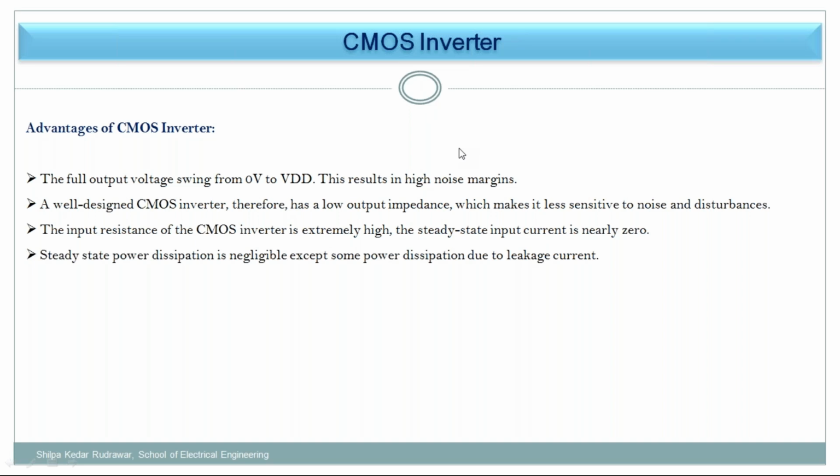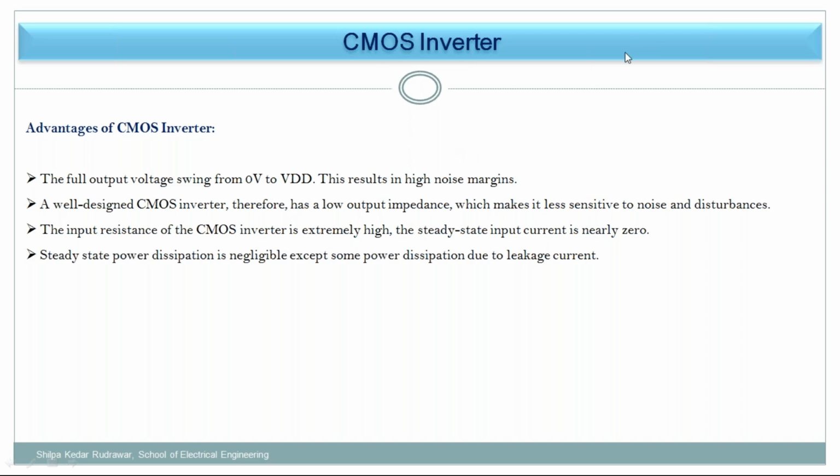As you know, CMOS has the advantage that it occupies less space, in a small area there might be thousands of transistors we can design. Secondly, power dissipation, which we considered in the last lecture, is negligible in the static steady state mode. So we are preferring CMOS.